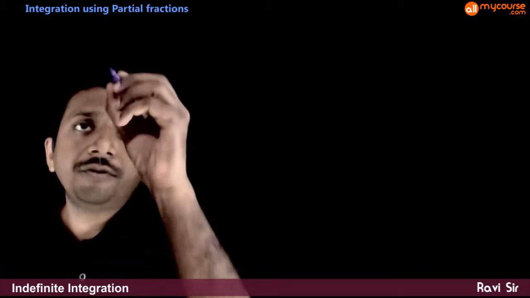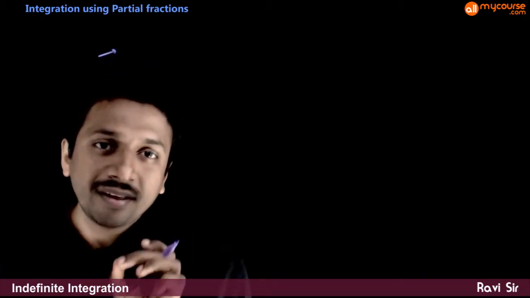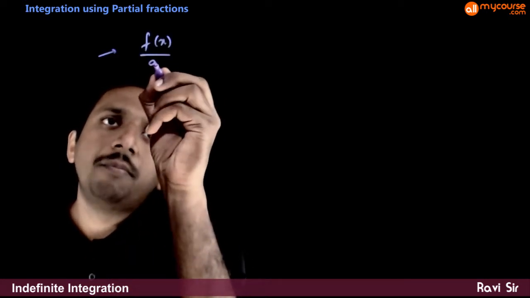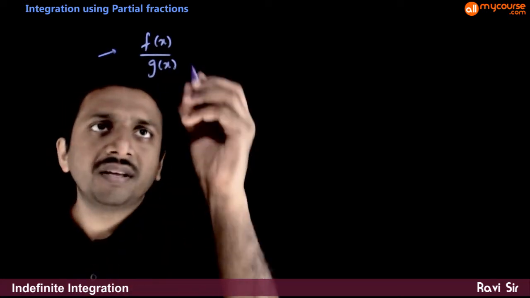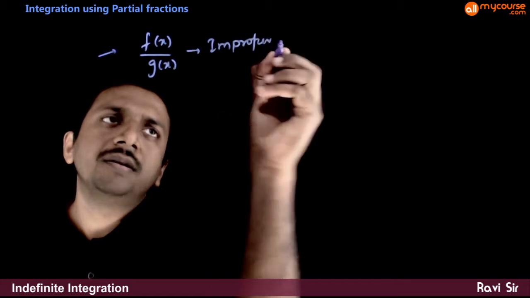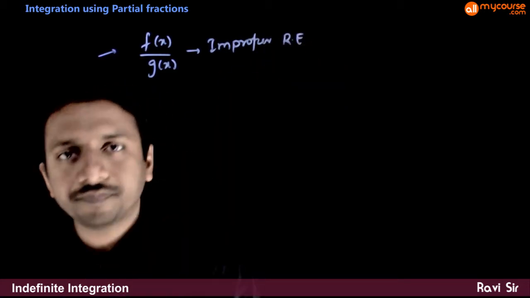Next, if you have an improper rational expression of the form f of x by g of x. So let us say that this is an improper rational expression.